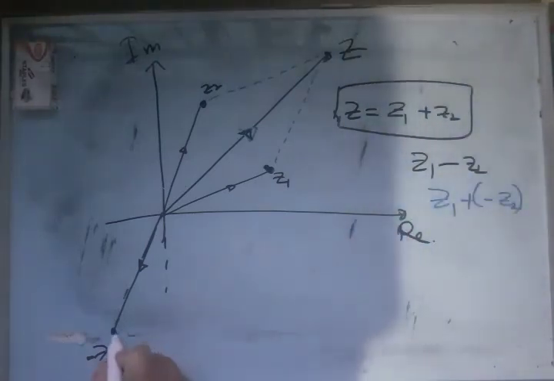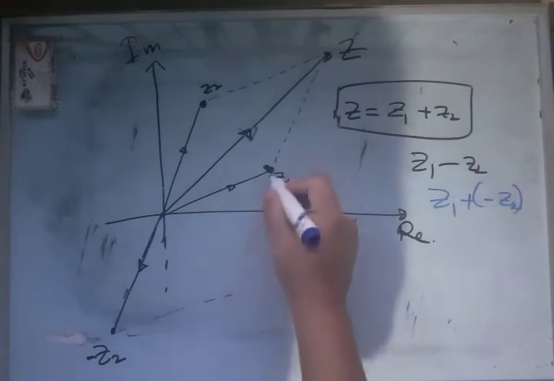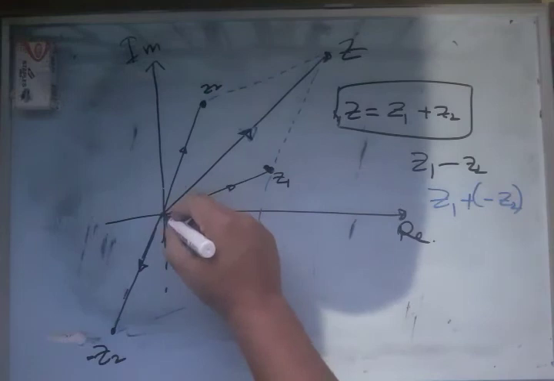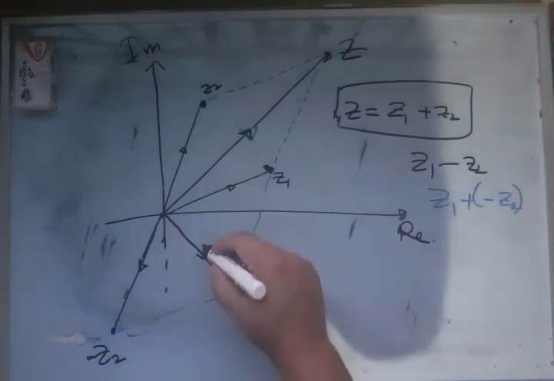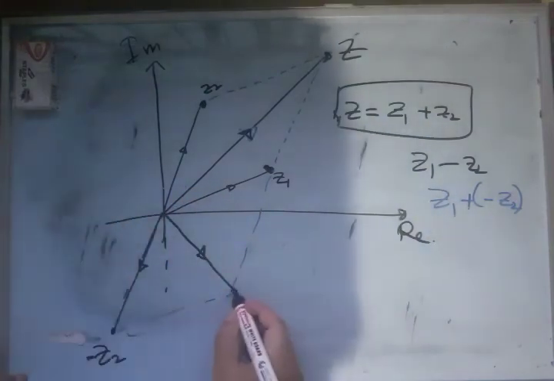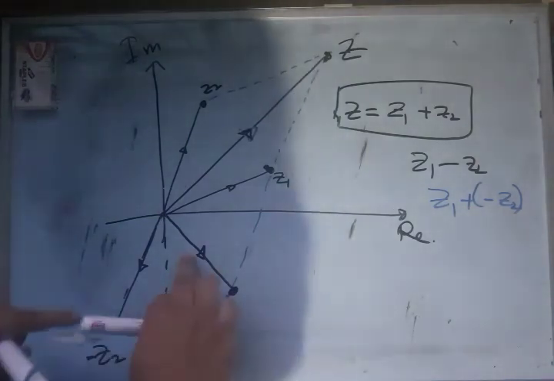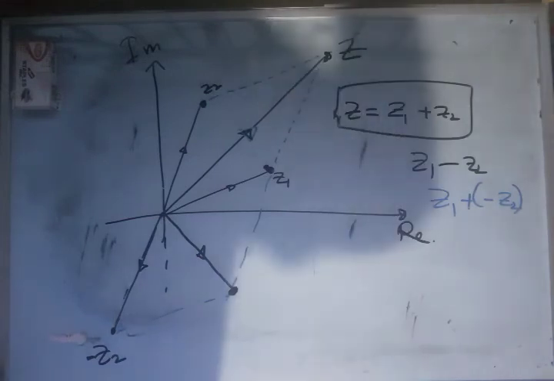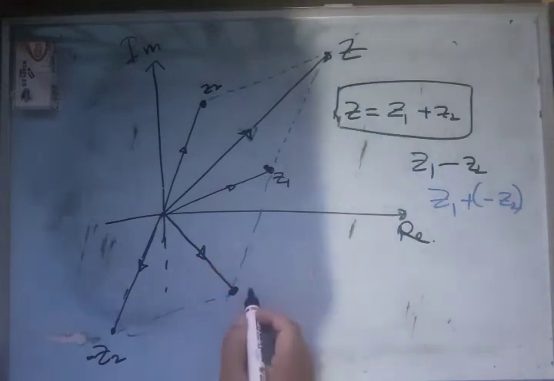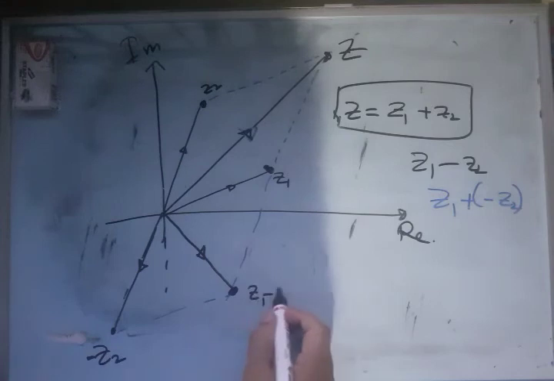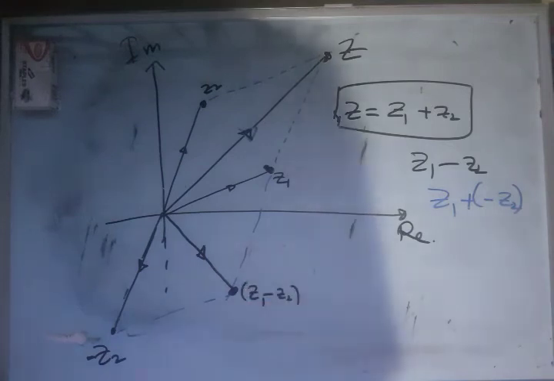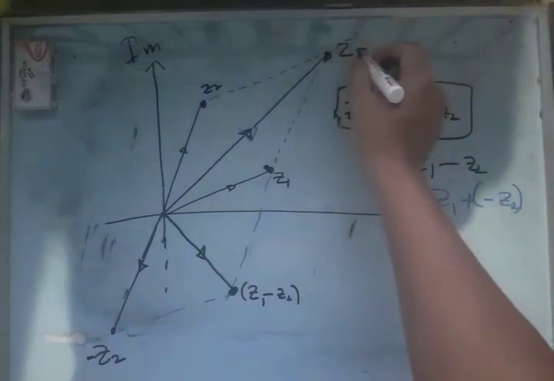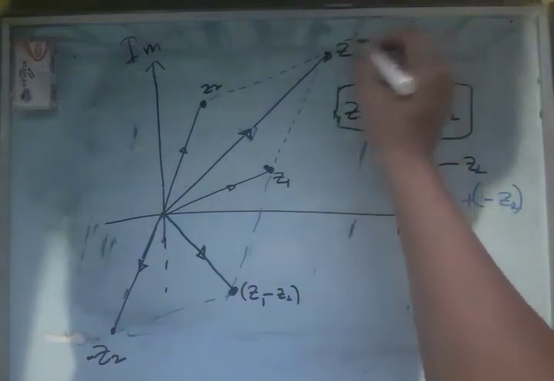Now we can construct the parallelogram like this, and therefore this vector or this point will represent the subtraction of the vectors. So we'll call this the z1 minus z2 point. We'll just call this the z1 plus z2 point.